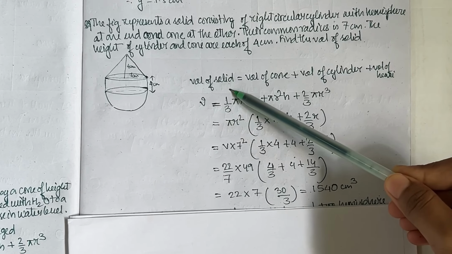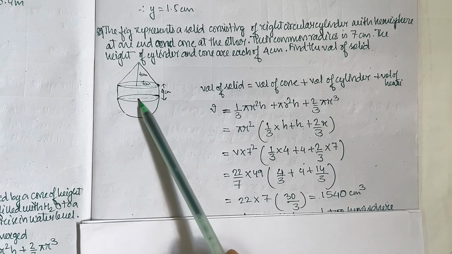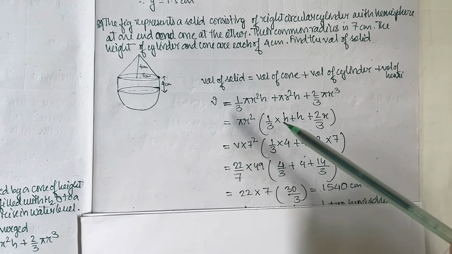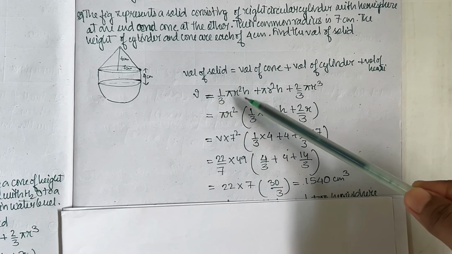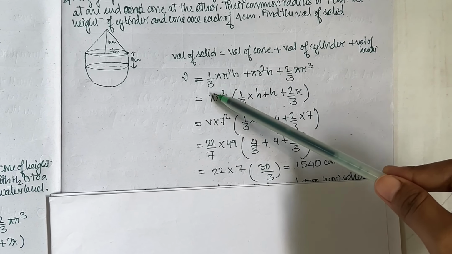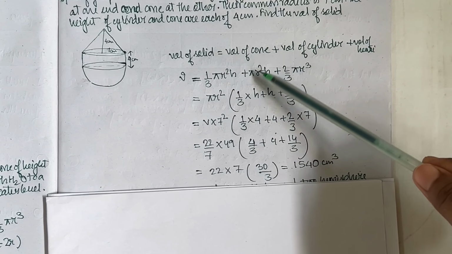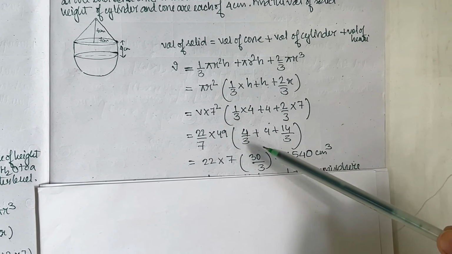So we know volume of the solid is equal to volume of cone plus volume of cylinder plus volume of the hemisphere. Putting each of the formulas for cone, cylinder and hemisphere, we are getting 1 by 3 pi r square h for cone, pi r square h for cylinder and 2 by 3 pi r cube for hemisphere.